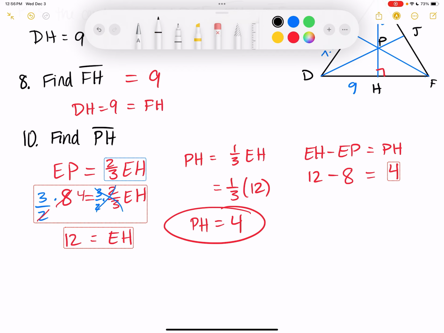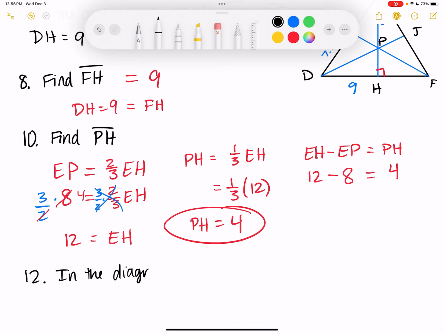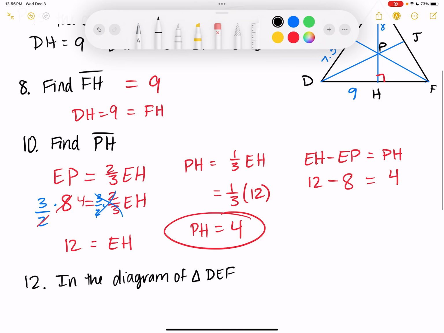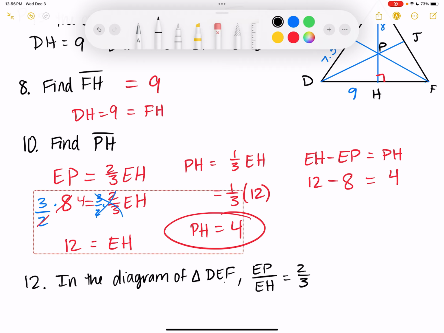All right, something a little bit more challenging with this. In the diagram of triangle DEF, which is what's up here, EP over EH is equal to 2/3. Okay, now they got that from this formula right here.